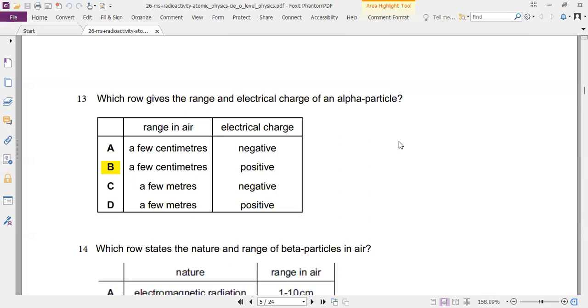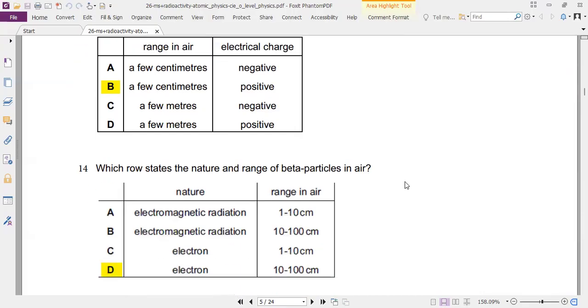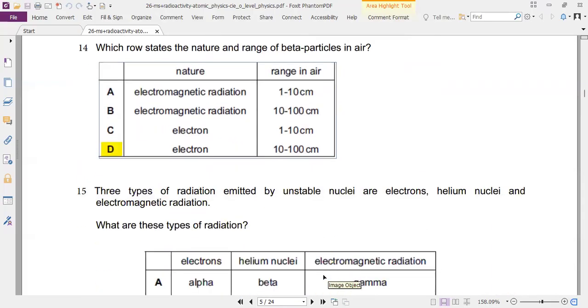Number 13, electrical charge is positive, so consider B and D, and they can only travel a few centimeters. Number 14, same question, but for beta particles, they are electrons and they can travel a few meters. So the nearest match is 10 to 100 centimeters.